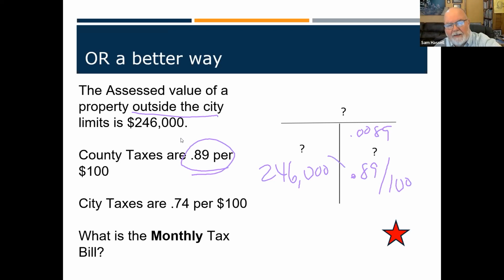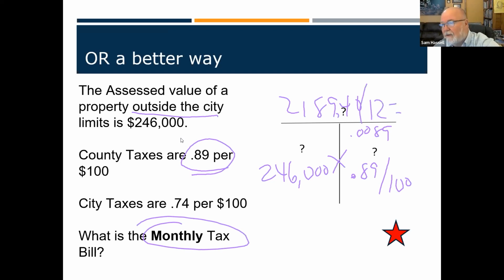And if I multiply these across, I'm going to get 21.89 and 40 cents. But what does this say? Monthly, divided by 12, right? And it's going to be 182.45.